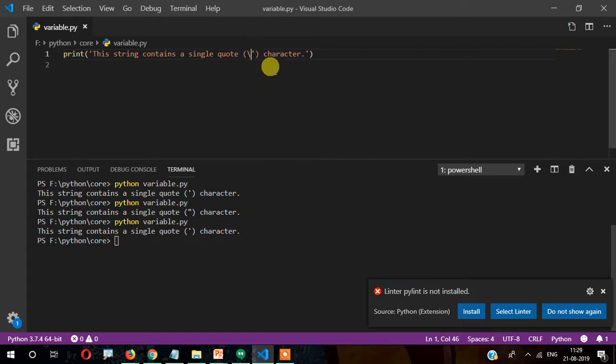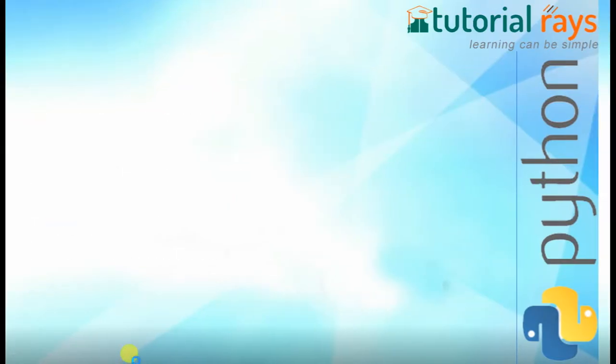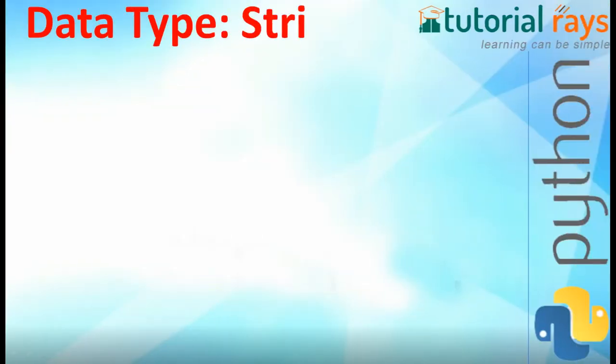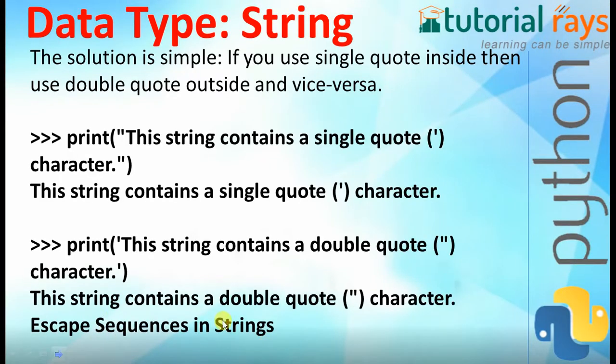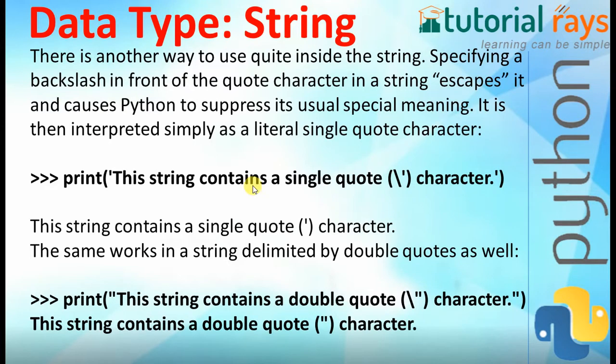So using backslash you can use single quote as well. Similarly you can also use double quote with backslash like this. Here you can see we are using double quote outside, but still we can use double quote inside with this backslash.